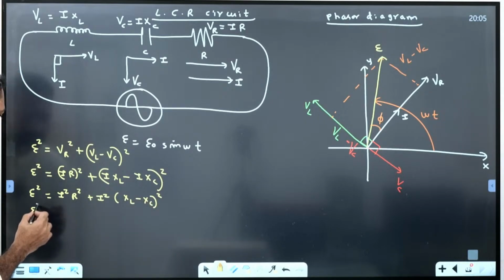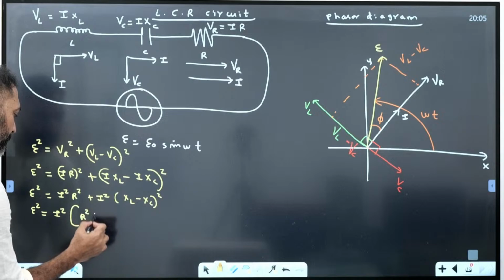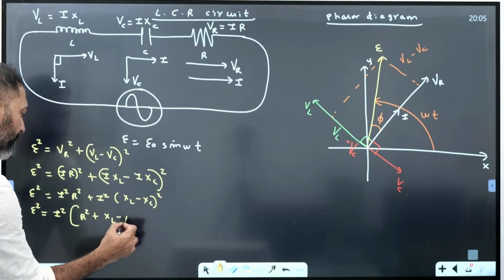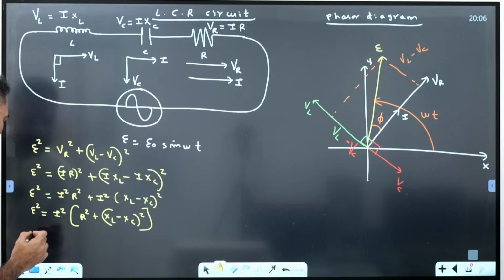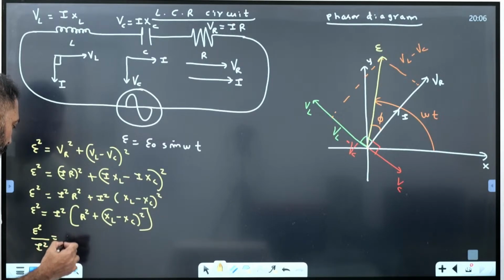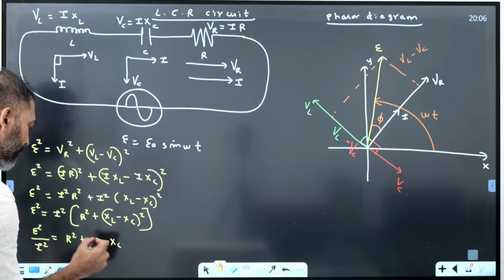So E square equals I square into [R square plus (XL minus XC) the whole square]. So E square by I square is equal to R square plus (XL minus XC) the whole square.